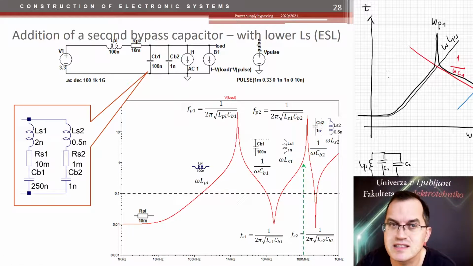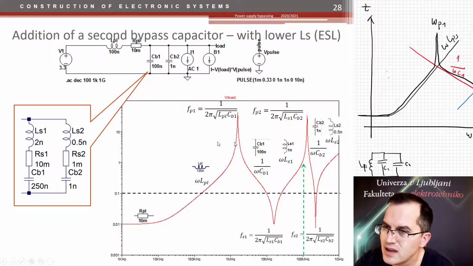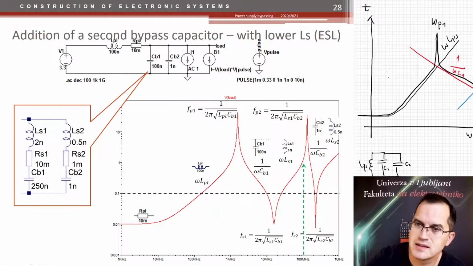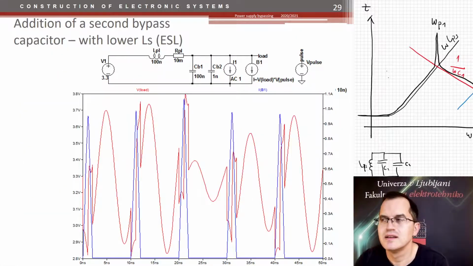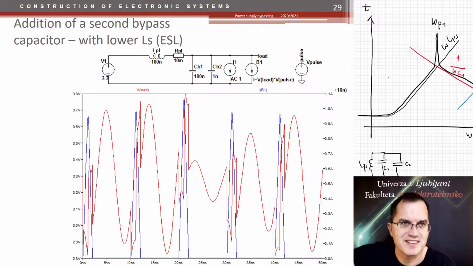It was a less quality power supply circuit. And it would be better not to put it because of this second parallel resonance. And that's the result. At 100 megahertz now this oscillates like a swing.